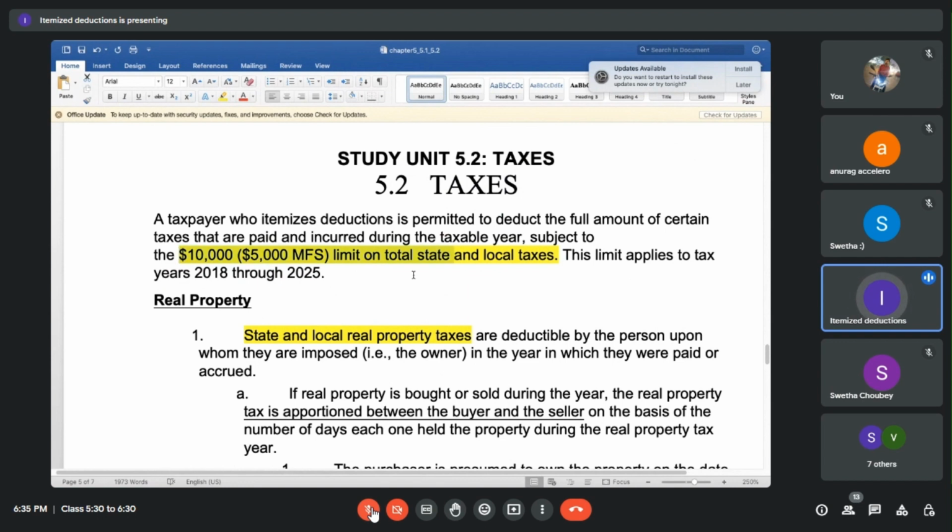They said you may be paying 40,000, 50,000, 60,000, we don't care, but we will give you a deduction of only $10,000. That was a big blow to people staying in California and New York, because as compared to other parts of the country, these people are relatively rich and they're paying a lot in taxes.